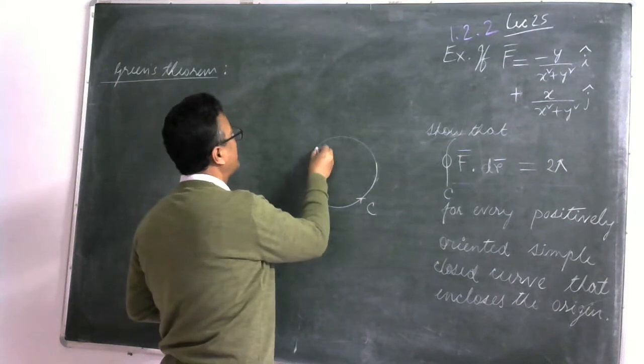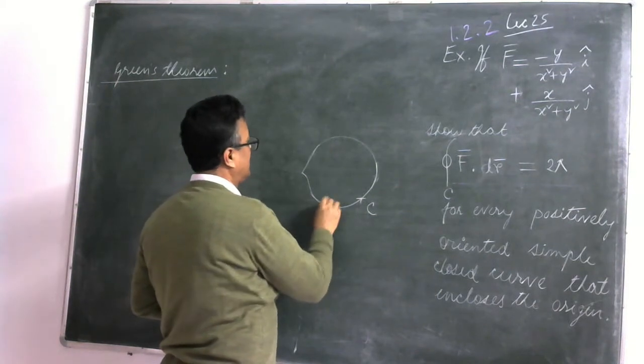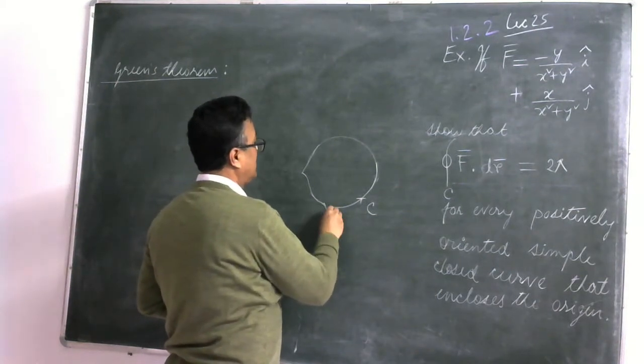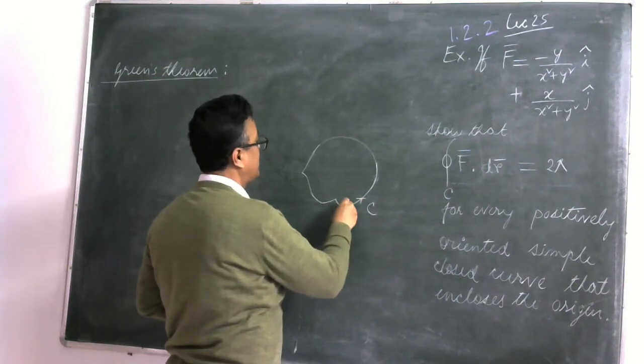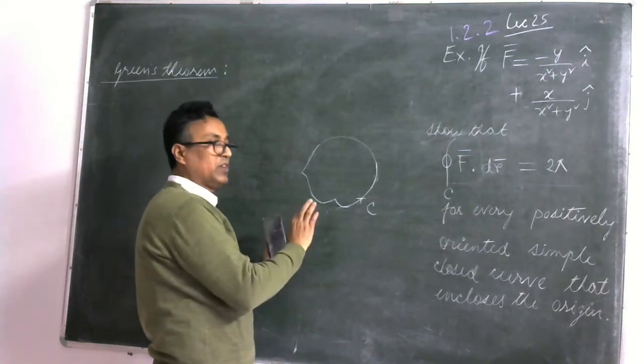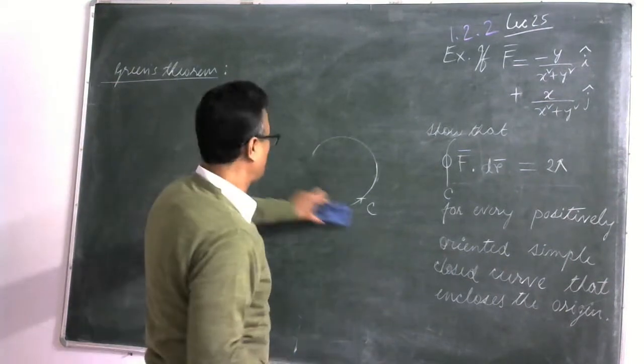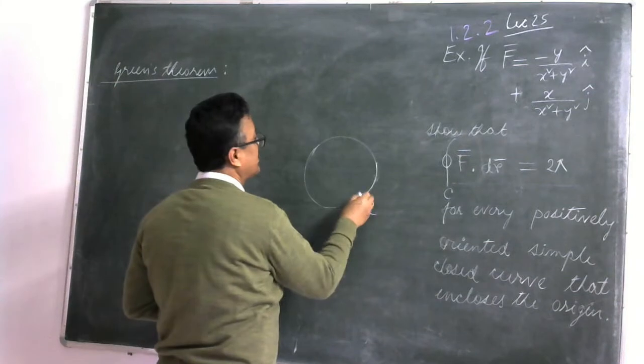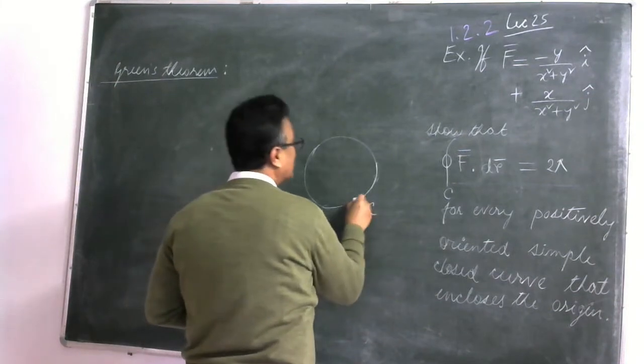So you may have something like this. Fine, we don't have any problem, it is piecewise smooth. For the sake of simplicity, we draw it like a smooth curve.